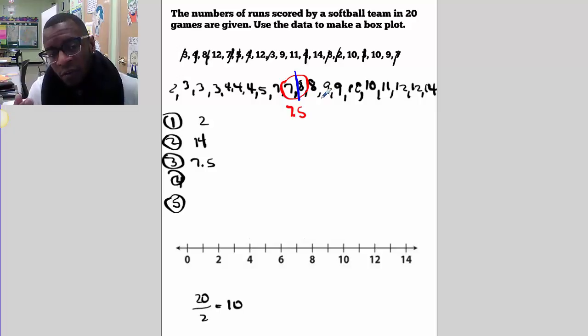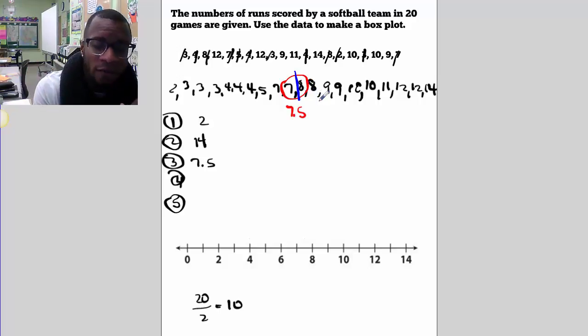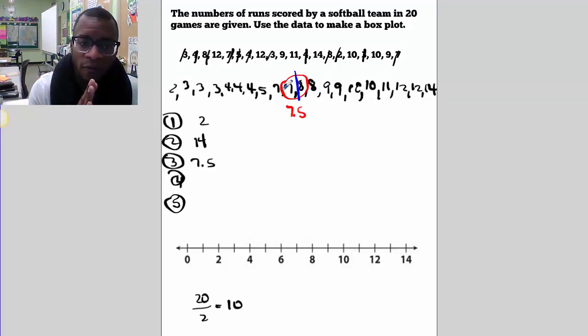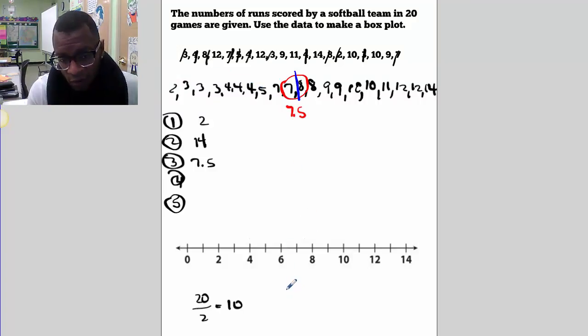Okay, and so remember, to find Q sub 1, which is our first quartile, that's the median of the lower half of our set of values. So now we want to find the median of the lower half. So we have 1, 2, 3, 4, 5, 6, 7, 8, 9, 10. So again, we have an even number of values, so we're going to divide by 2. 10 divided by 2 gives us 5.